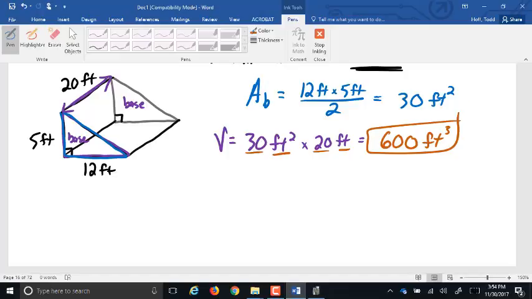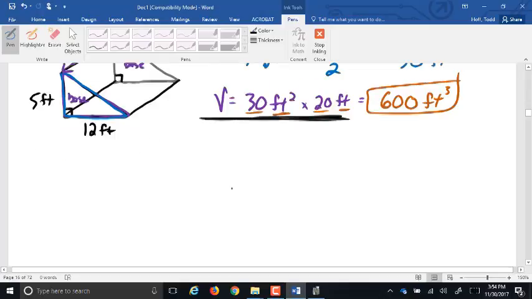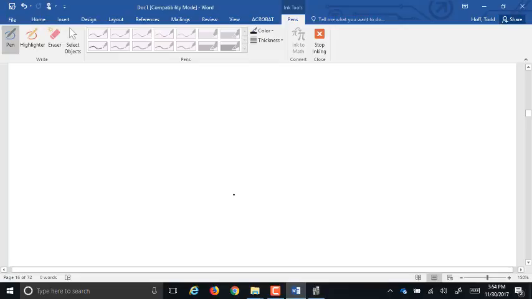Another example of why this definition of volume as an area of a base times the height is useful: we can run into shapes like this.